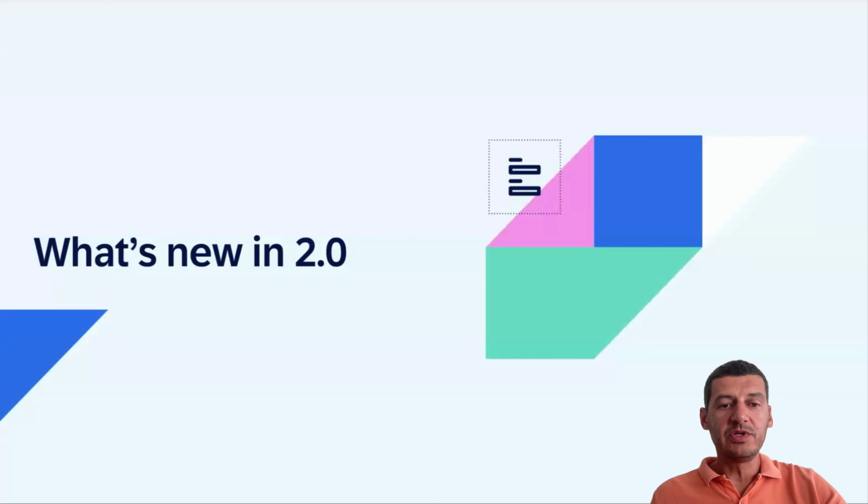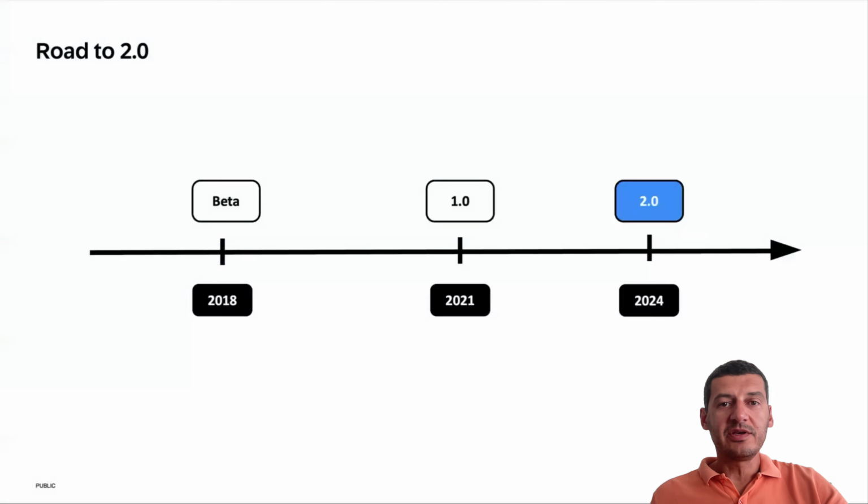So what's new in version 2.0? Before I show you that, let's see how we got to version 2.0, the road here. We started with a proof of concept around 2017. At that time, web components were not a proven technology. They didn't work in IE 11. We had to use polyfill. So it was really exploring the space of web components.